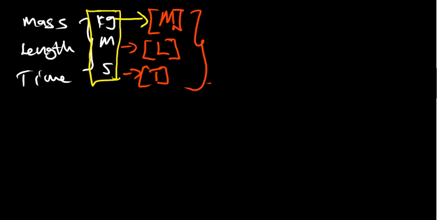But now there are some rules which we are supposed to follow when doing dimension analysis. Rule number 1: we are going to have what we call the constant. Let's take, for instance, an equation where force is equal to k times mass times acceleration.